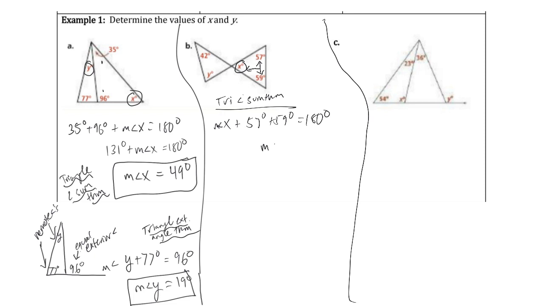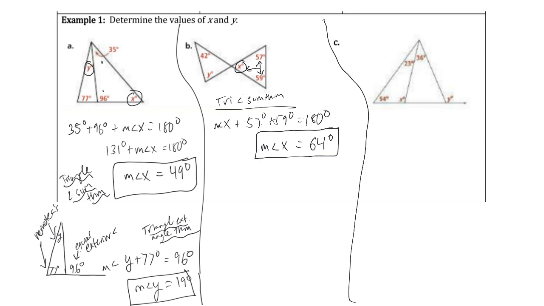So we subtract 57 and 59 from both sides, and measure of angle x equals 64 degrees. If you wanted to check yourself, add 64 plus 57 plus 59, it needs to equal 180, which it does.